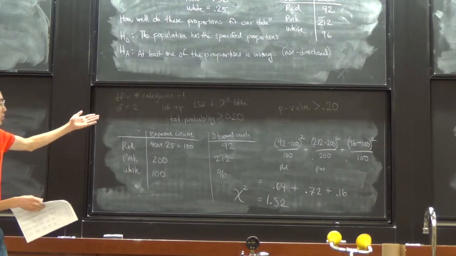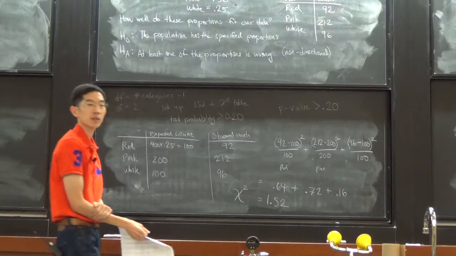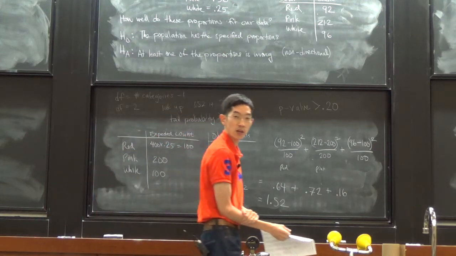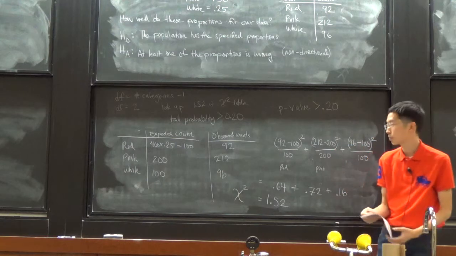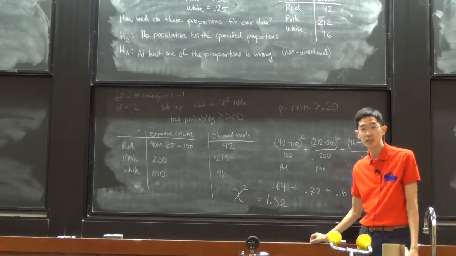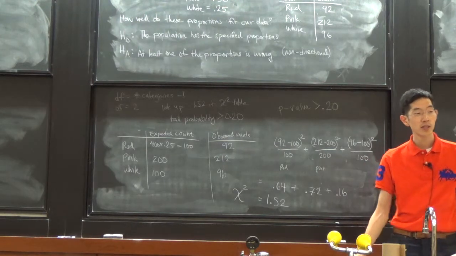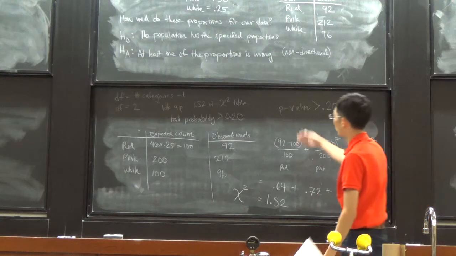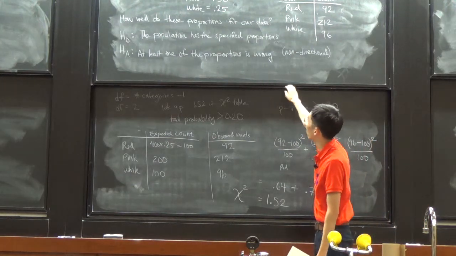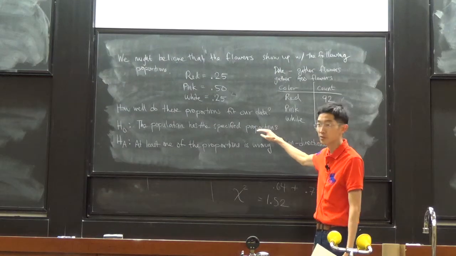Okay, so what does our p-value mean? What was the definition of a p-value? Probability. So p-value is the probability of observing our data or something more extreme if the null hypothesis were true. Okay. So our null hypothesis says that the population has the specified proportions.